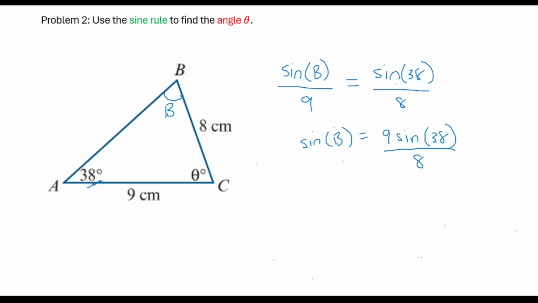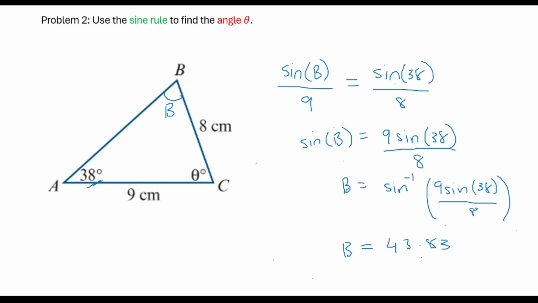And then to get B, we need to do sine inverse of that. So B is going to be sine inverse of that. Alright, so let's put that in our calculator. Again, remember to have it in degrees mode. And the angle that we end up getting is 43.84 to 2 decimal places.